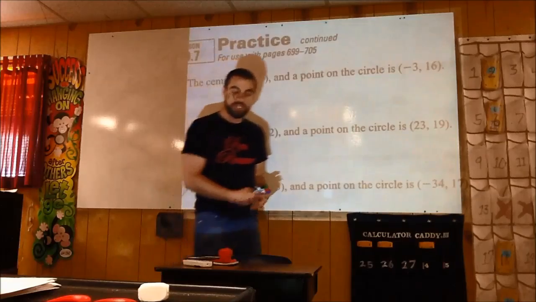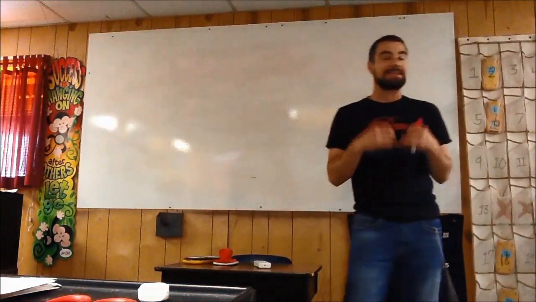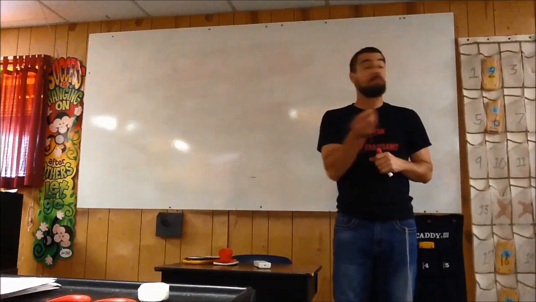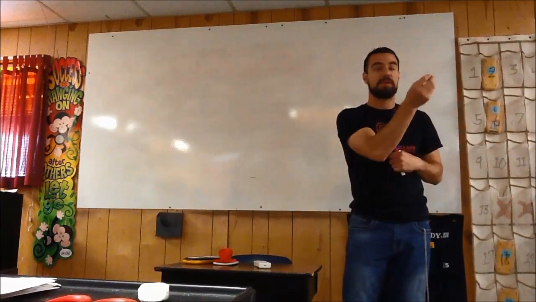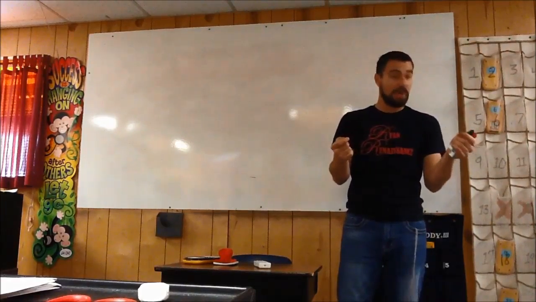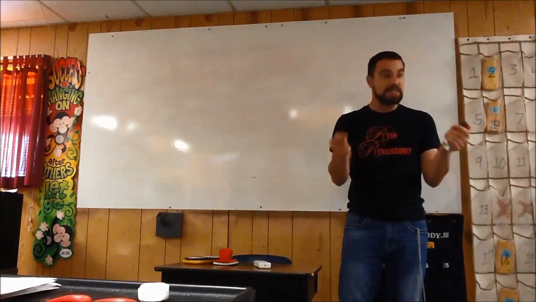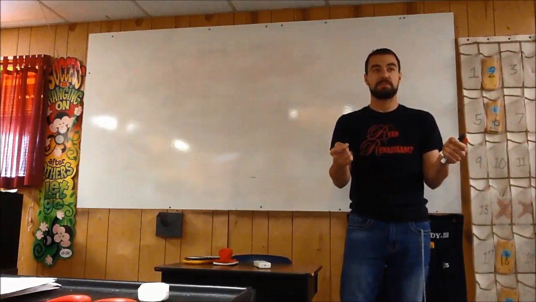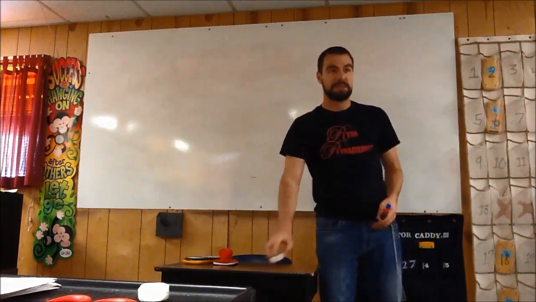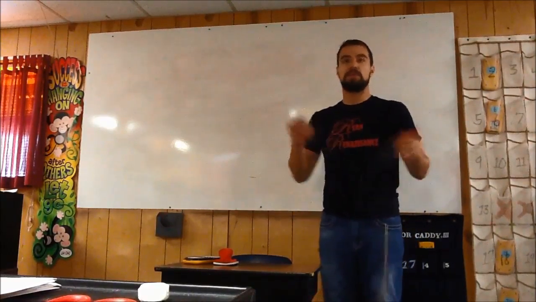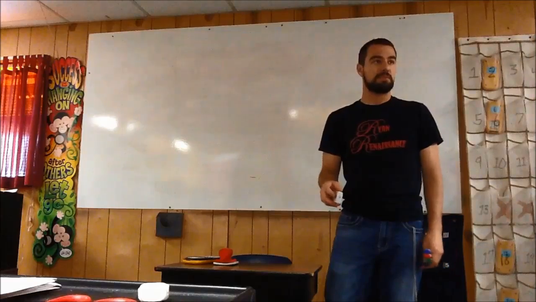Because by definition, a radius is a segment whose endpoints are the center and a point anywhere on that circle. So if they give us the center and a point on the circle, then we need to find the distance between those two so we can find the length of that radius. So that's what you have to do on number 11 and 13. And did I assign you guys 15? Yeah. Okay, cool. Same thing on 15 as well.